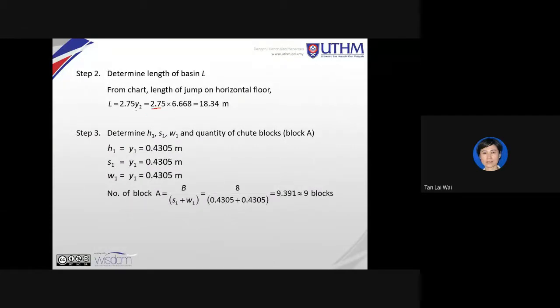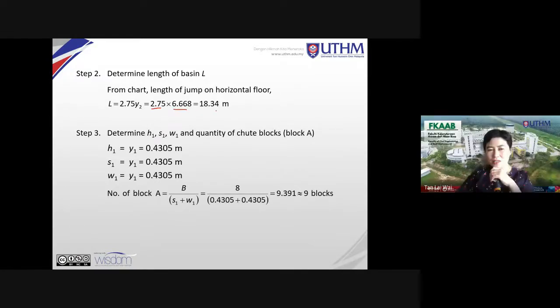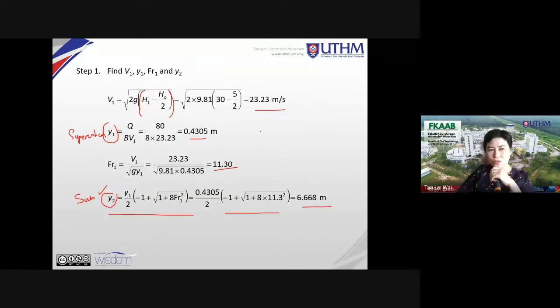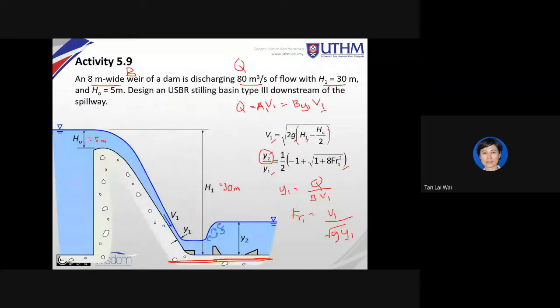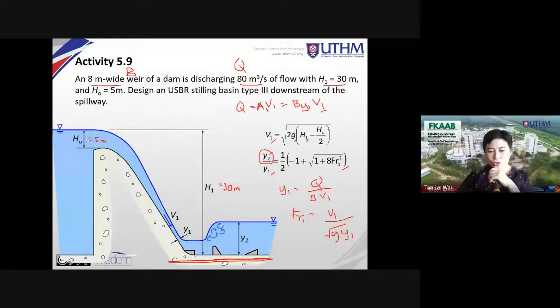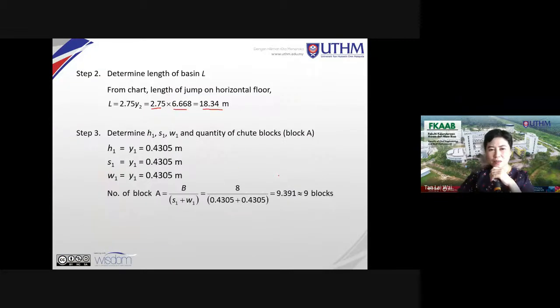All right, so I have L equals to 2.75 times Y2. My Y2 is 6.668. So my L is 18. So now when you want to place your chute blocks and buffer piers, the distance will be 18.3 meter, 18.34 meter.